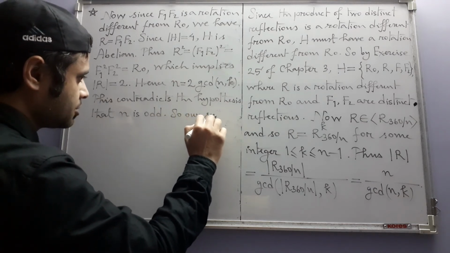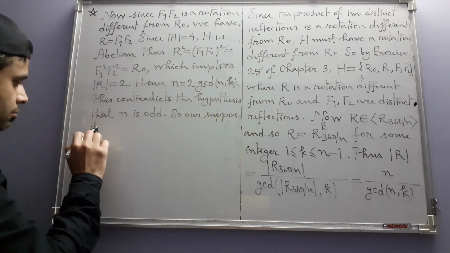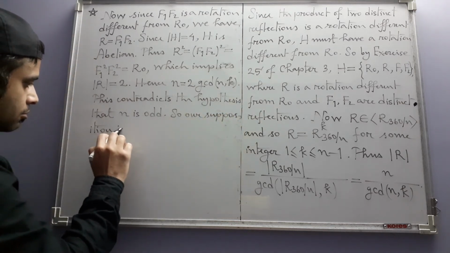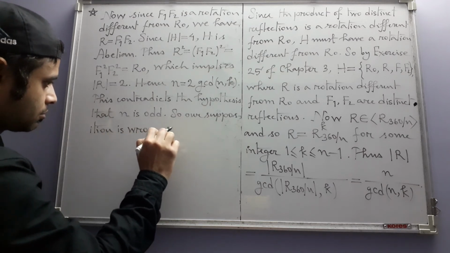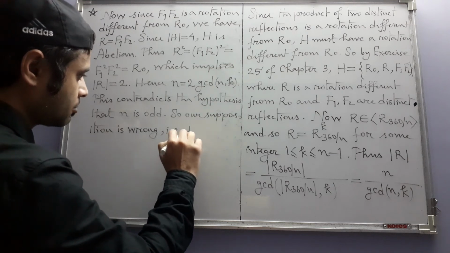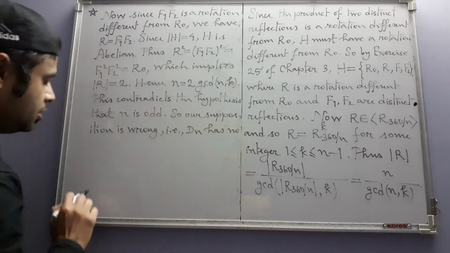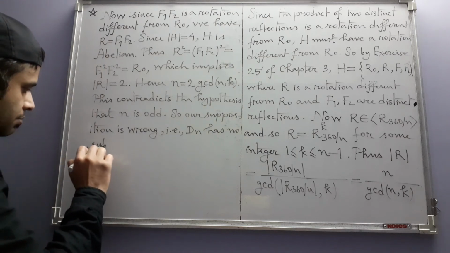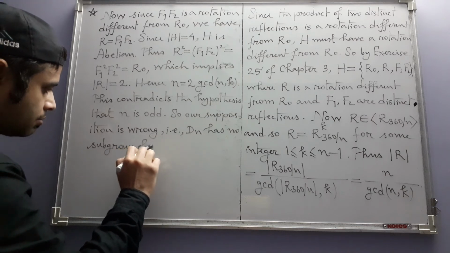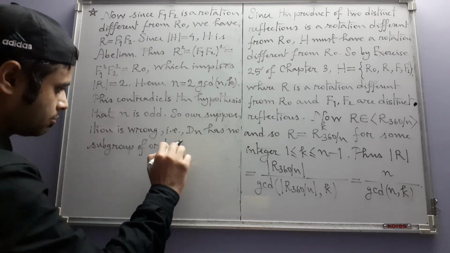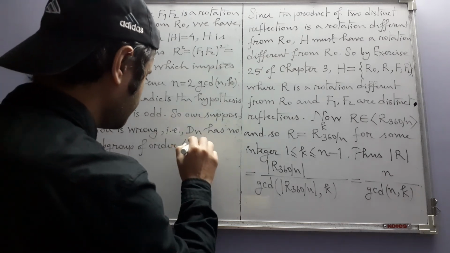So our supposition is wrong. That is, Dn has no subgroup of order 4, not cyclic, not non-cyclic.